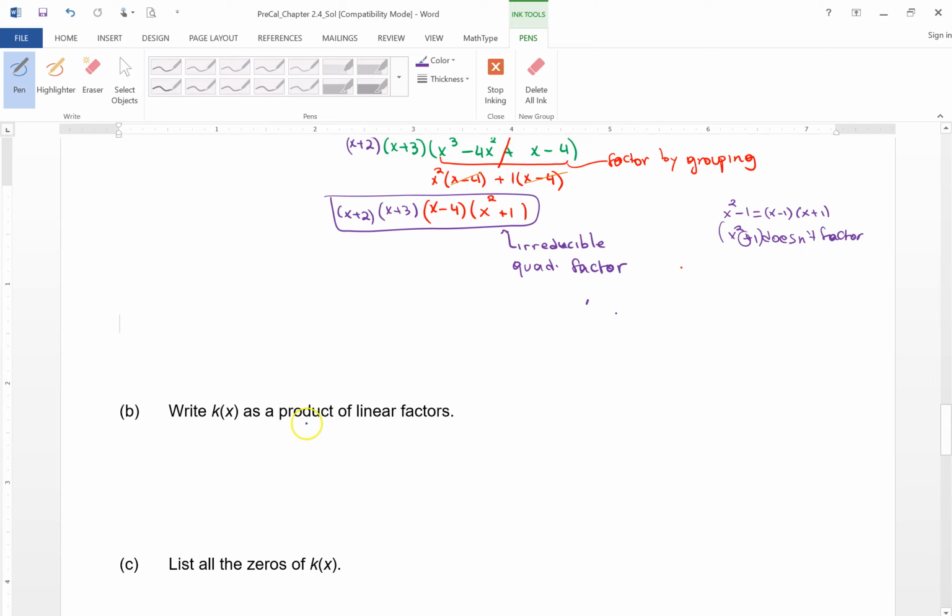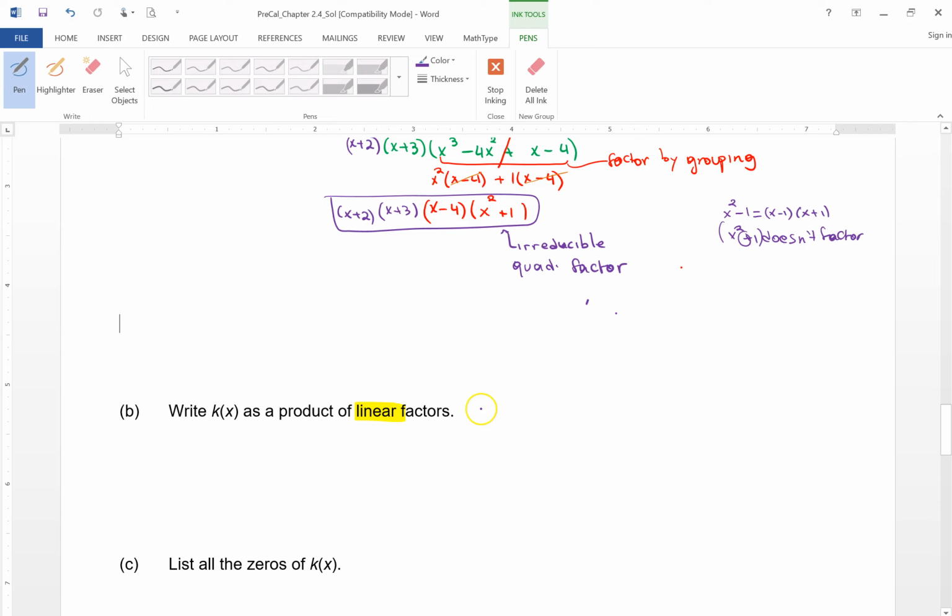Now, next it says, write kx as a product of linear factors, okay? So I can't have x squared plus 1 anymore because that's a quadratic. All right, now, we said we couldn't factor x squared plus 1, but you know what? There is a loophole. You technically can factor x squared plus 1.